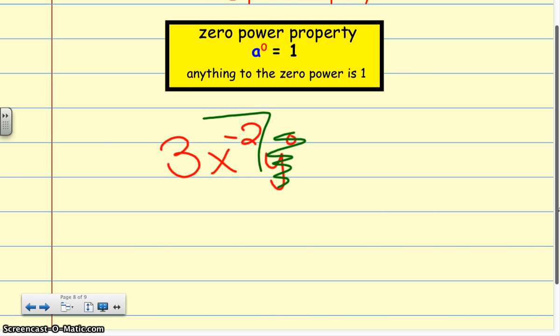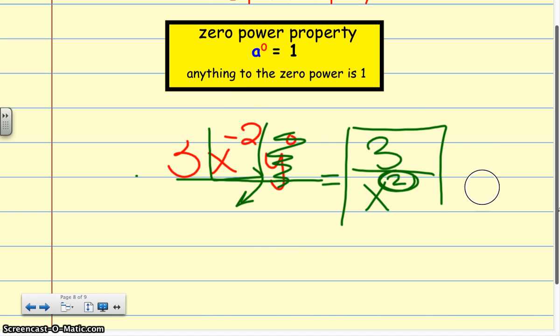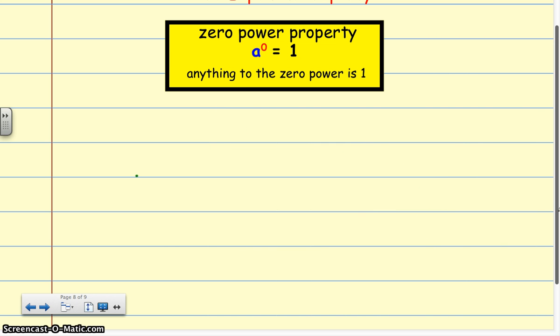And then I have this negative exponent. Well, the negative exponent needs to get moved so it can turn positive. So this turns into 3 over x squared. Recall when you move it, the exponent turns positive. Okay, that's why we moved it. You can't leave it negative still.